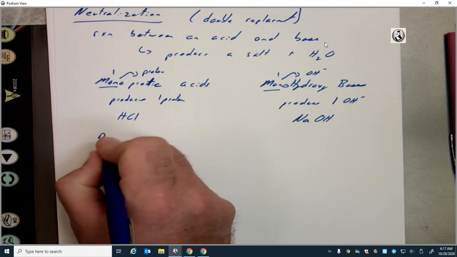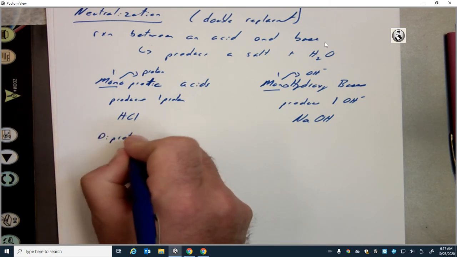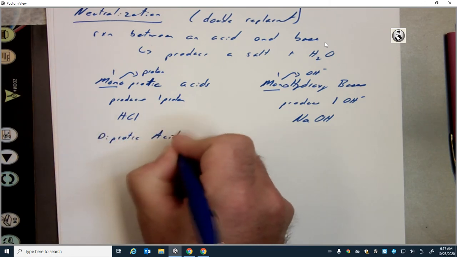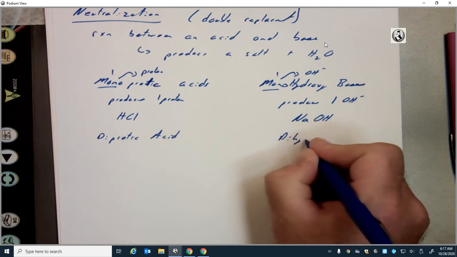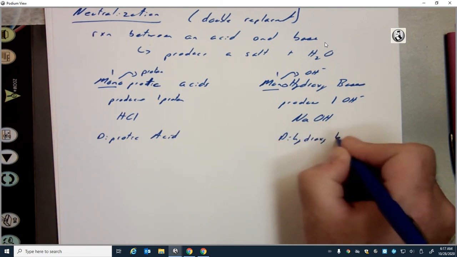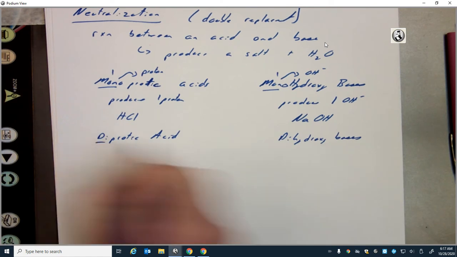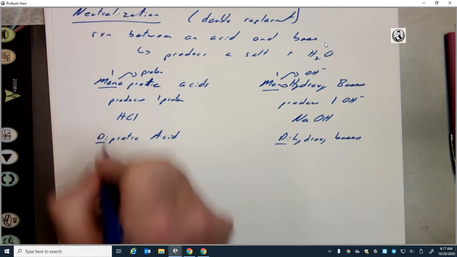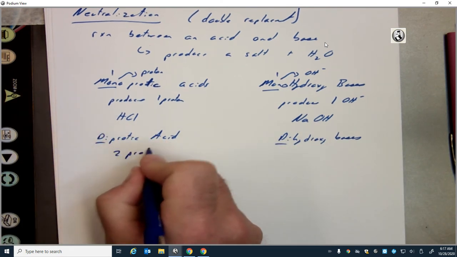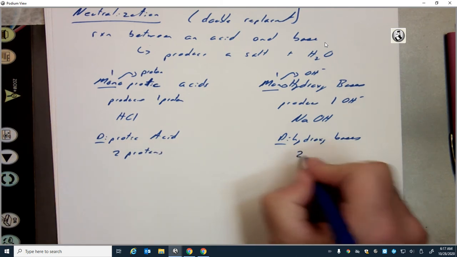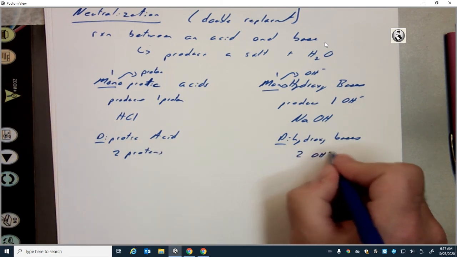Then we have diprotic acids and dihydroxy bases. Can you guess? It produces two protons and two OH minuses.